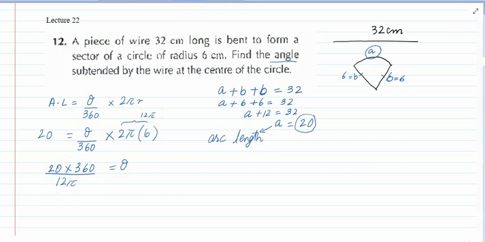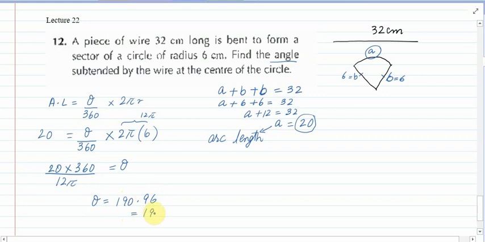It's 20 multiplied by 360 divided by 12 divided by pi. So the answer is 190.96, so it will be 191 degree, right?